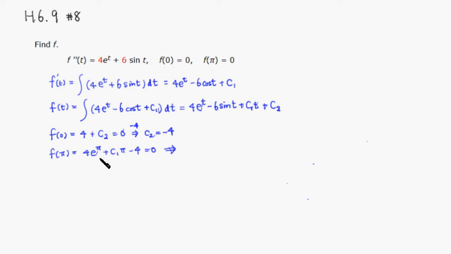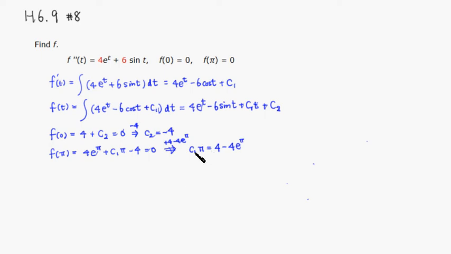Add 4 and subtract 4e to the pi, so you get c1 pi is equal to 4 minus 4e to the pi.